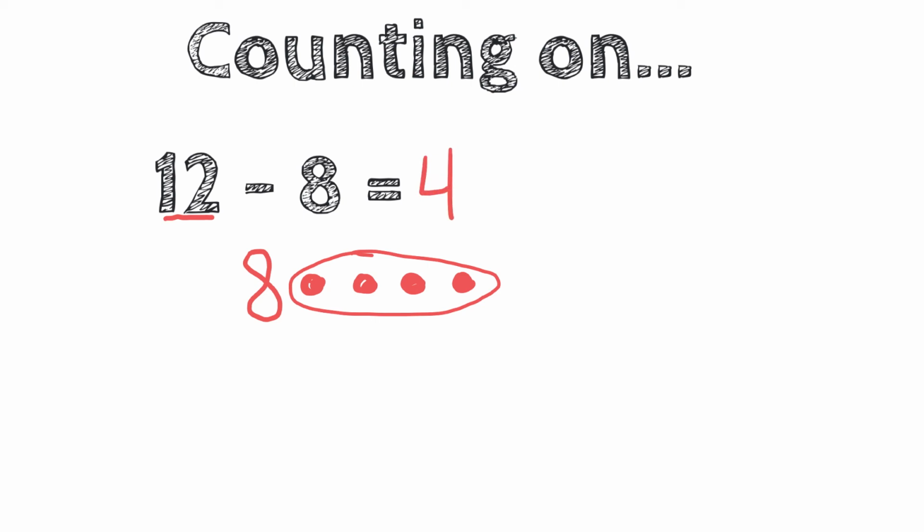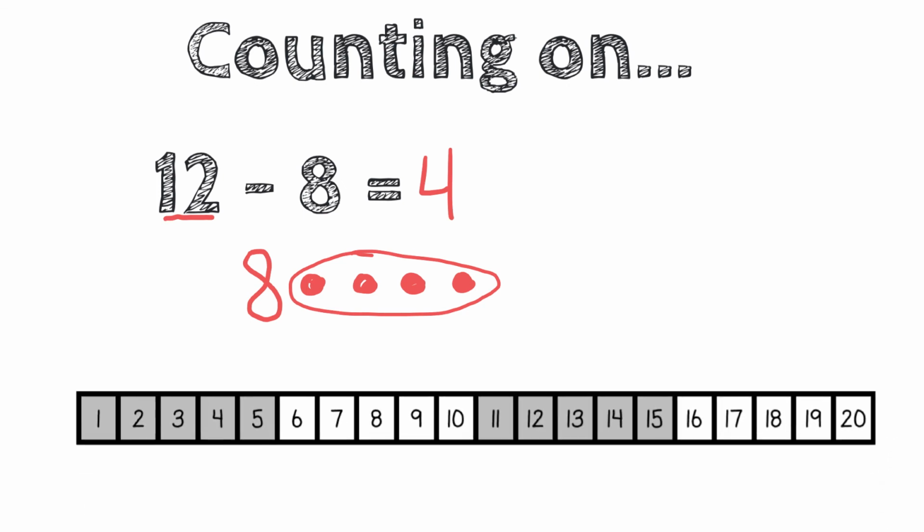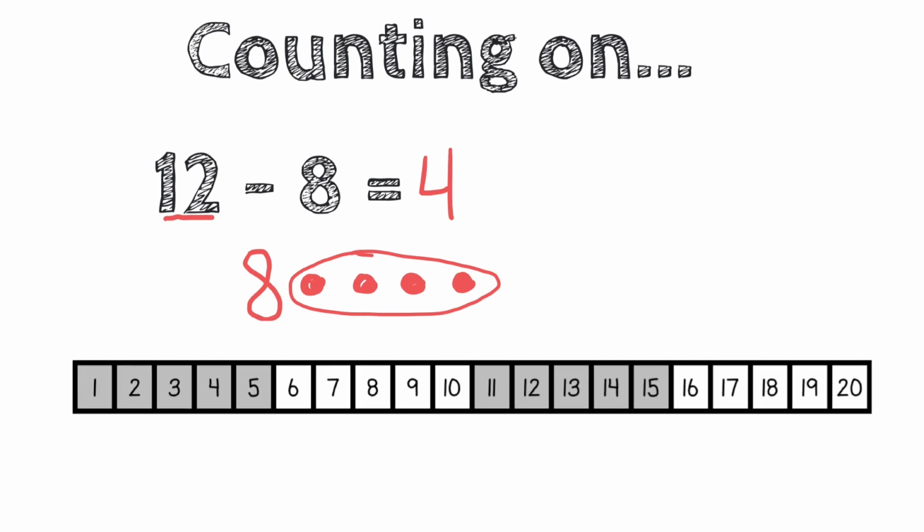Now, how this works on a number line is very similar. If you were to have a number line and you were to count from 8 to 12, you'd be doing it the same way. You'd be going 8, 9, 10, 11, 12. So we went on this number line from 8 to 12.